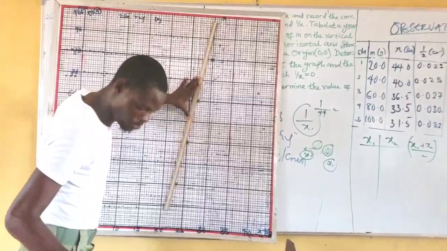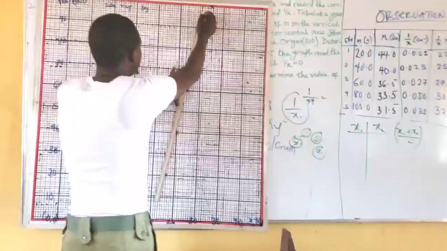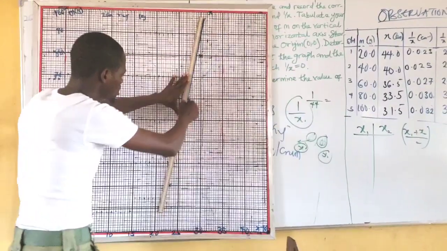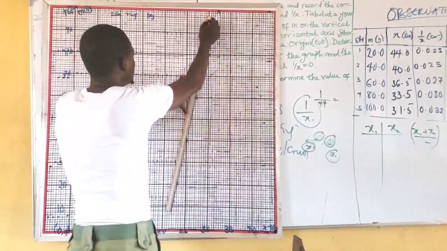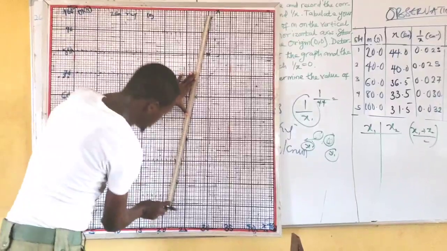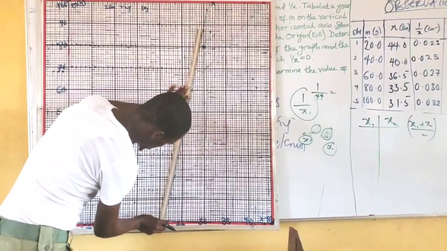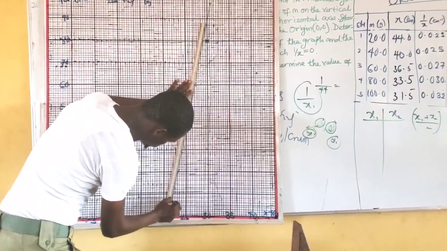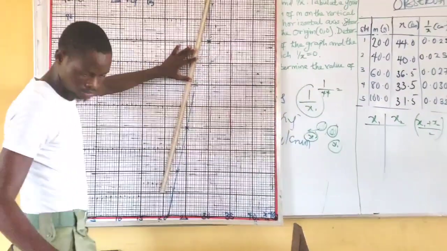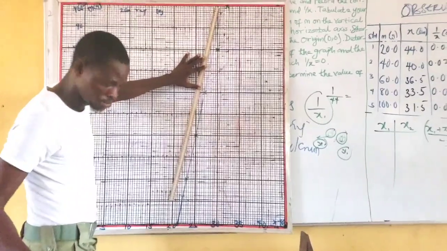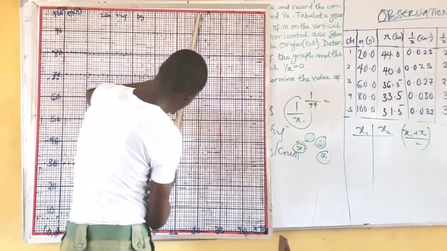Let me use a blue pen to indicate that. This is my points. Now, I should have this to get to the ground.